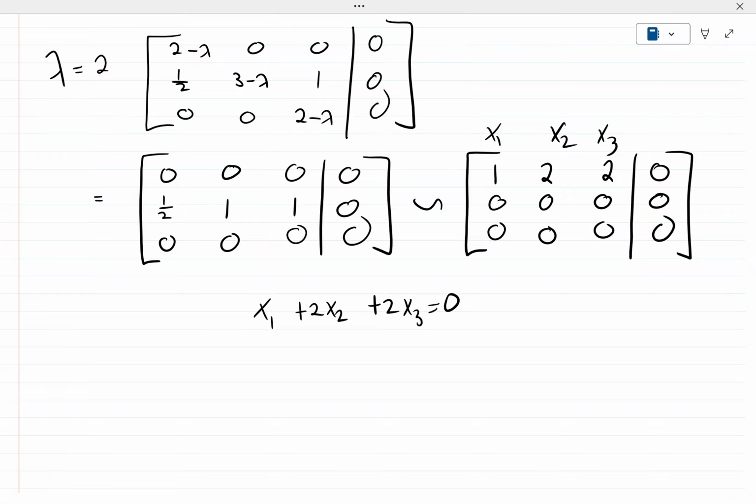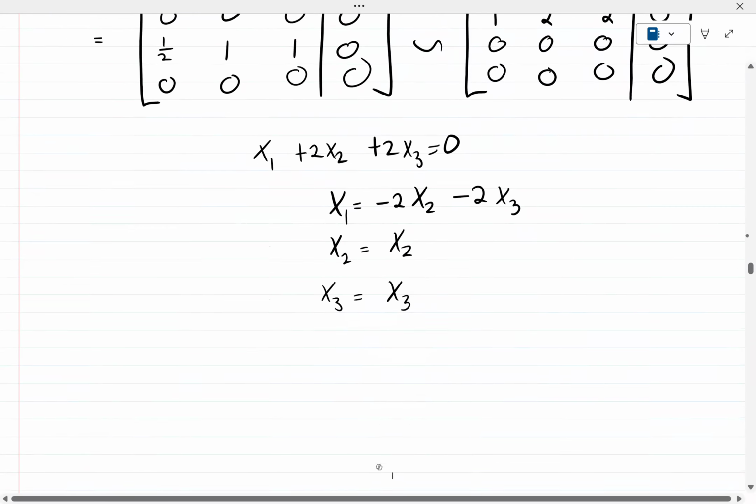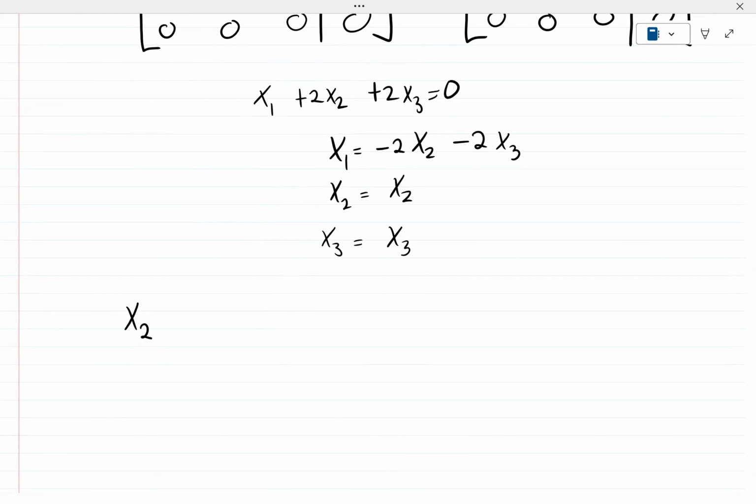When you solve for x1, you get x1 equals negative 2 x2 minus 2 x3, x2 equals x2, and x3 equals x3. So we get this matrix: x2 times negative 2, 1, 0, plus x3 times negative 2, 0, 1.